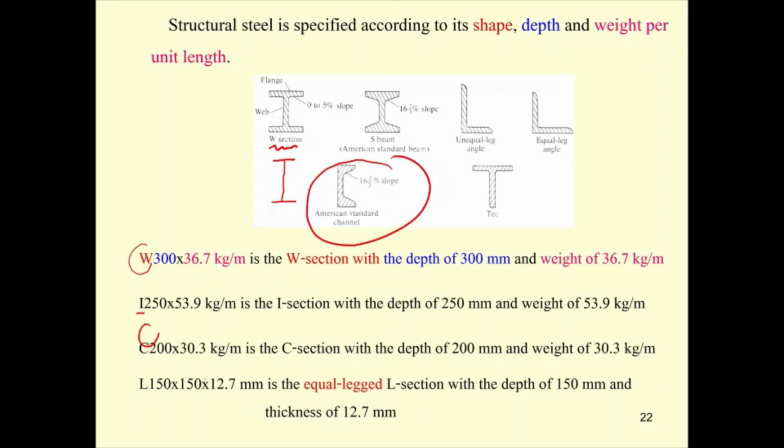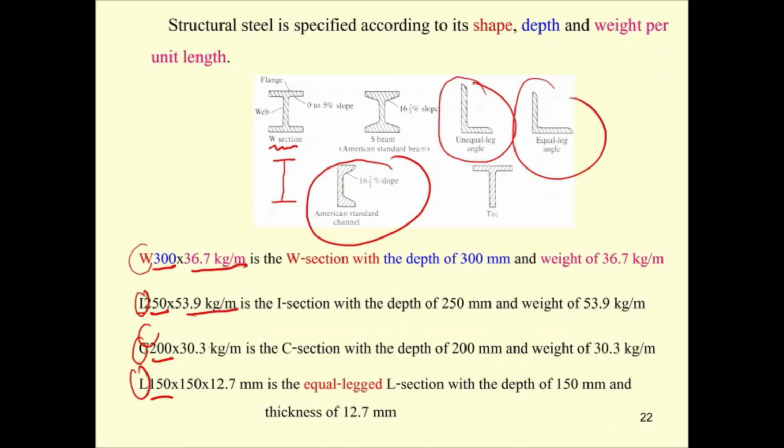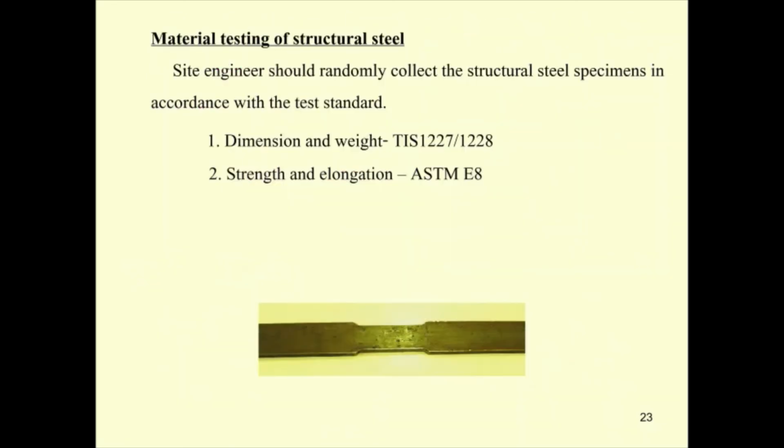And then L. L has both unequal leg and equal leg. And then the symbol here is followed by the depth of the section, and the last one is going to be the weight per meter of this section. So you have to call them correctly to get a proper section.